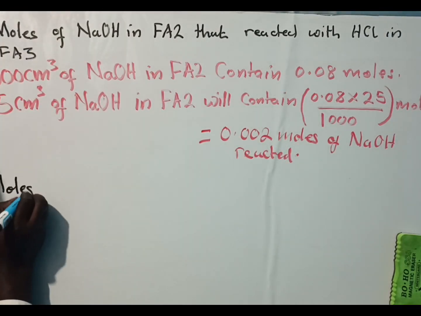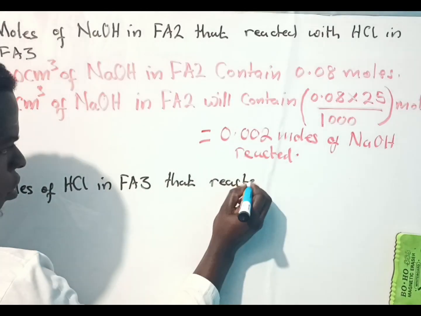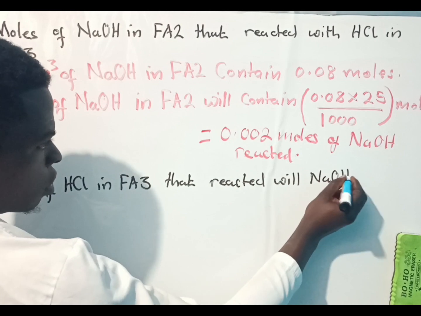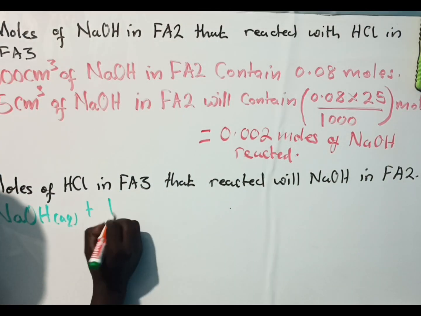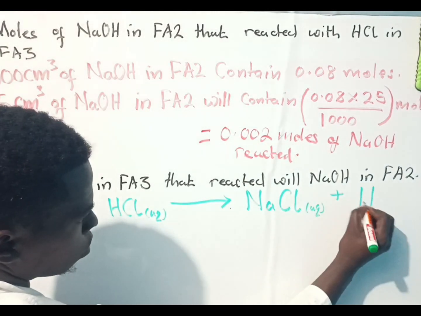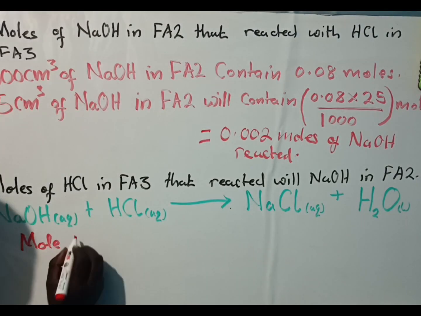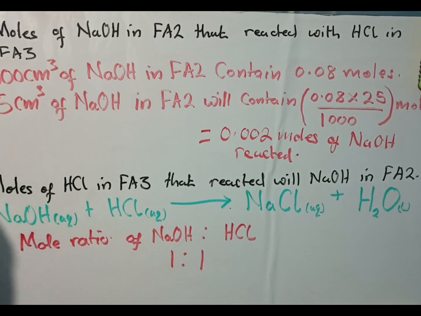Let us determine the number of moles of hydrochloric acid in Fa3 that reacted with sodium hydroxide in Fa2. The reaction between sodium hydroxide and hydrochloric acid can be described by the equation. From the equation, the mole ratio of sodium hydroxide to hydrochloric acid is 1:1.